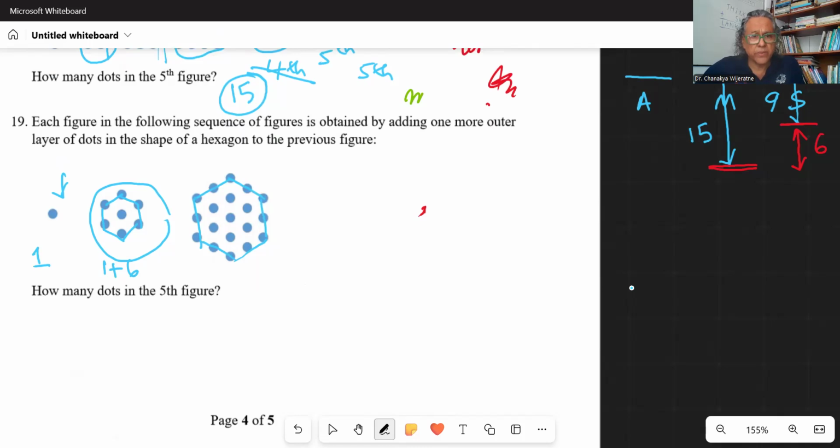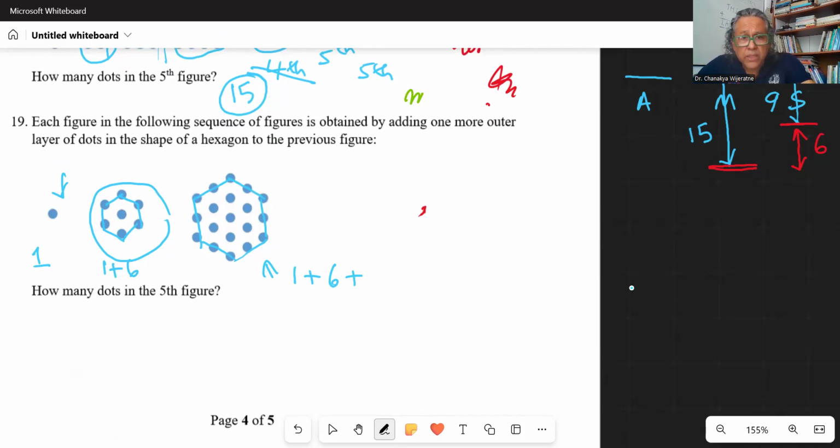And how many dots are here? So the previous figure has 1 plus 6, and then there's a hexagon, and you can count all that, but I'm going to be doing a lazy counting.